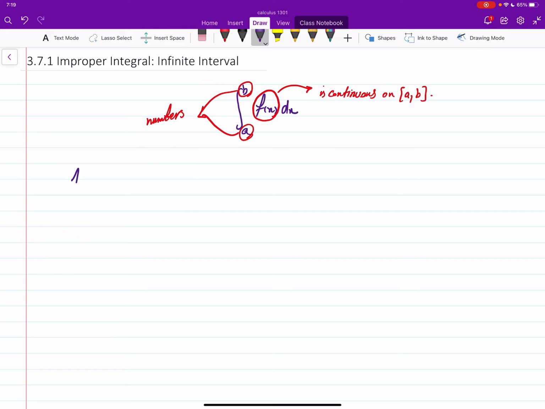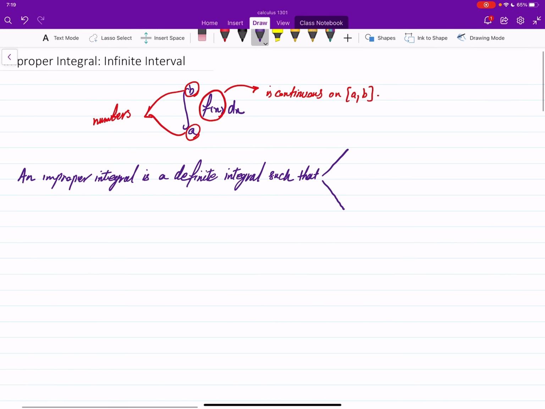So an improper integral is a definite integral such that at least one of the limits is plus or minus infinity.